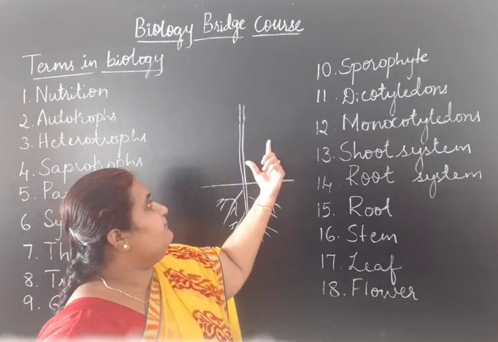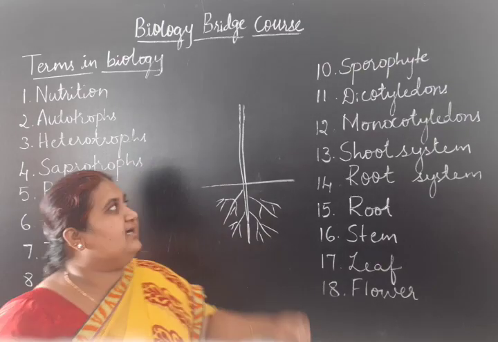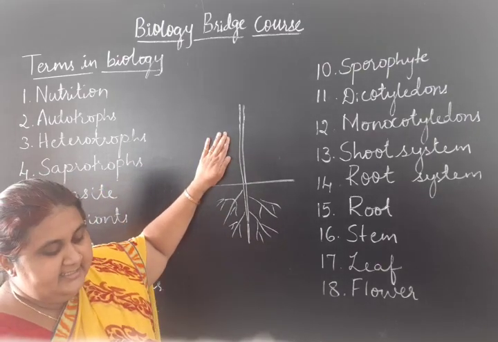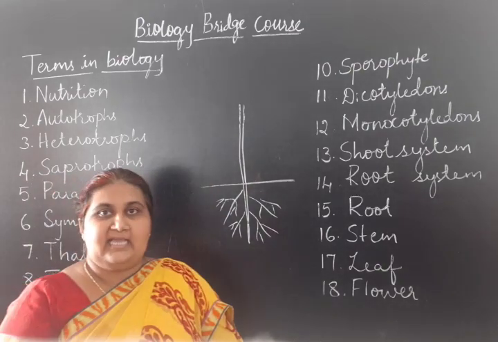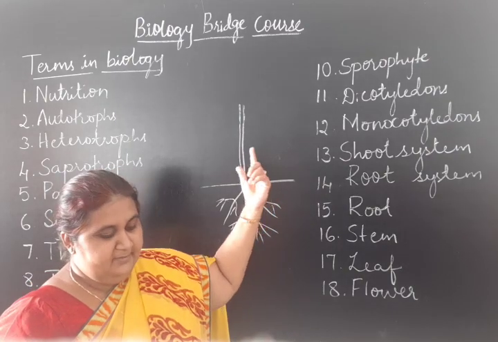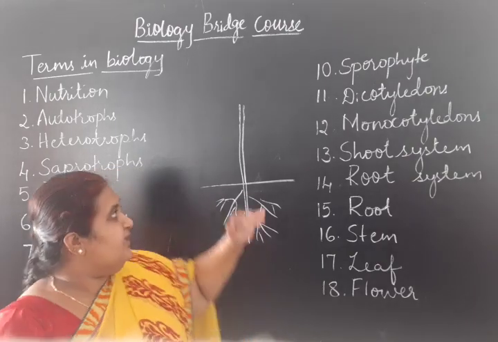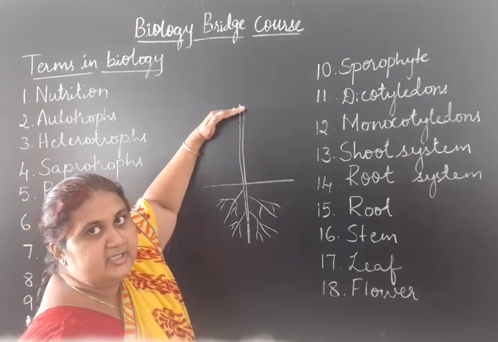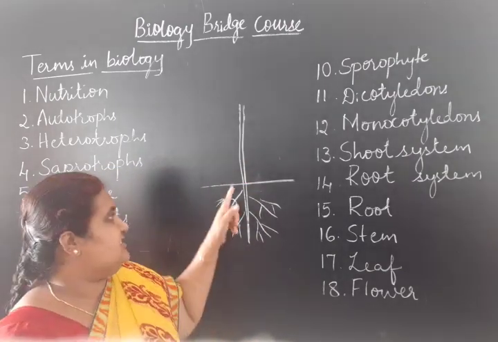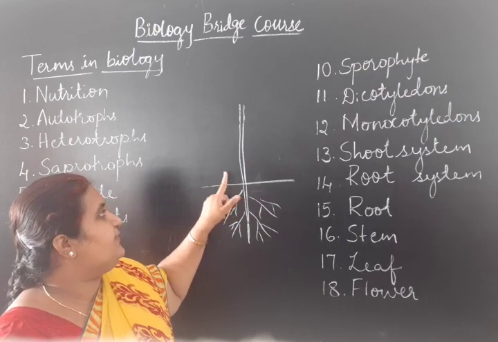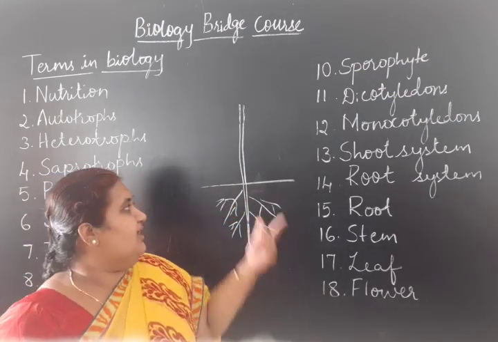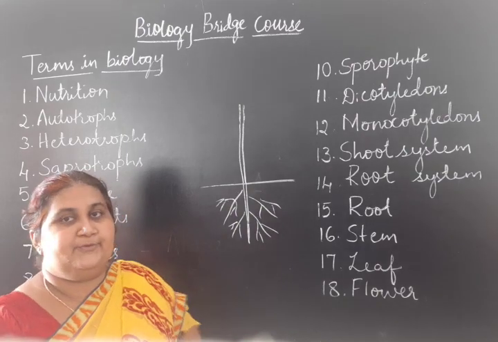Shoot system. What is the shoot system? It is the ascending part of the plant axis that is developed from the plumule part of the embryo.